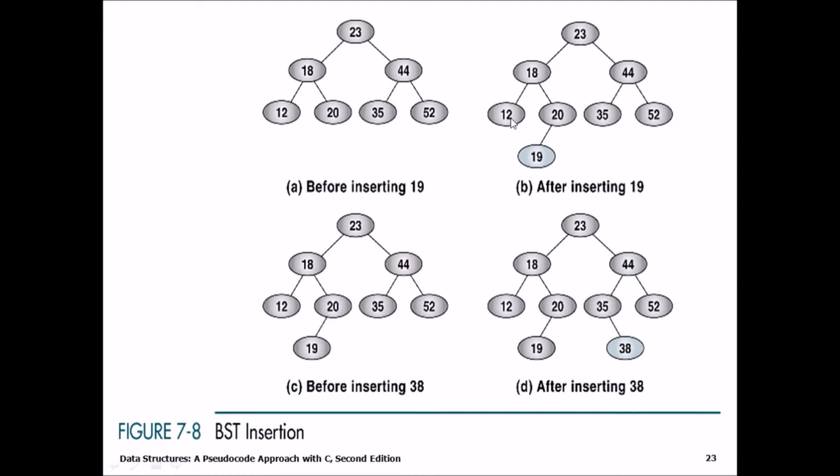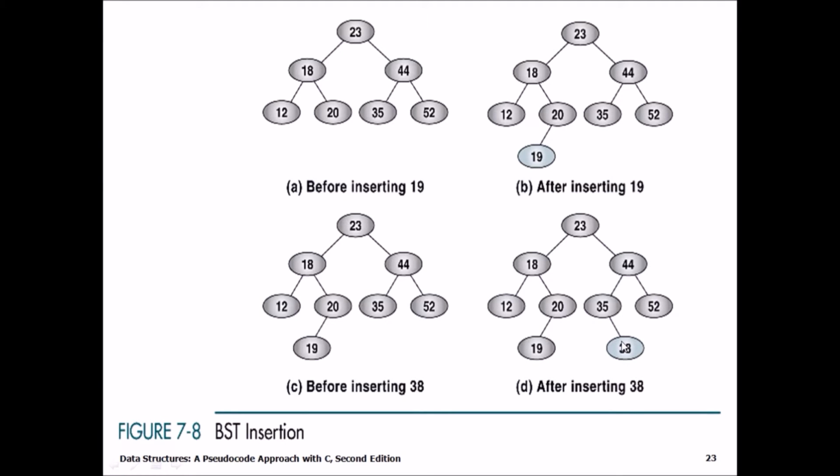You can insert 19 here, because 19 is less than 20, right? And this is before inserting 38, which is greater than 35. So we have to insert it here. This is how inserting can be done.